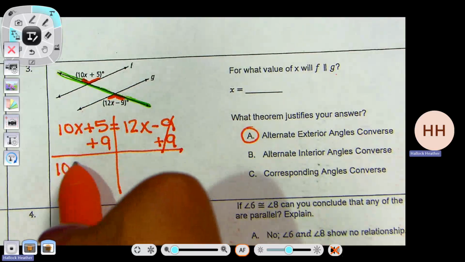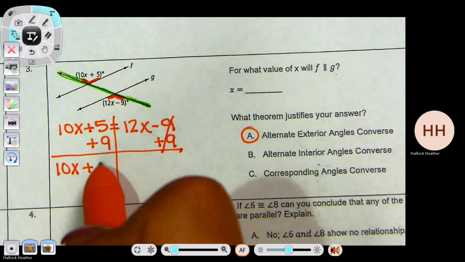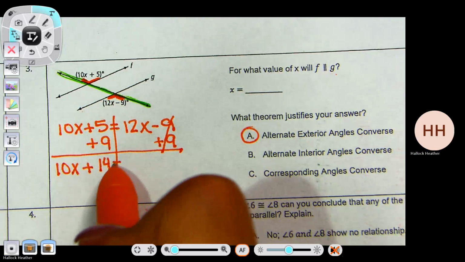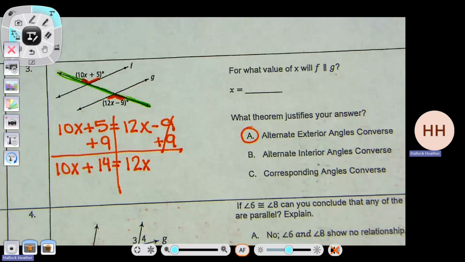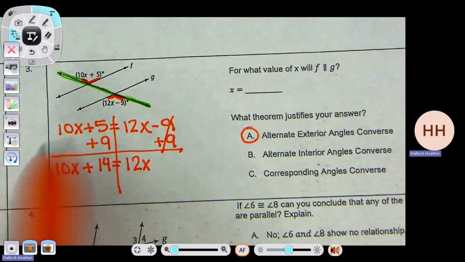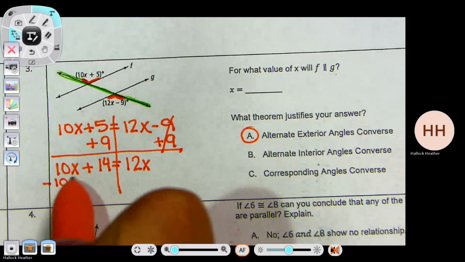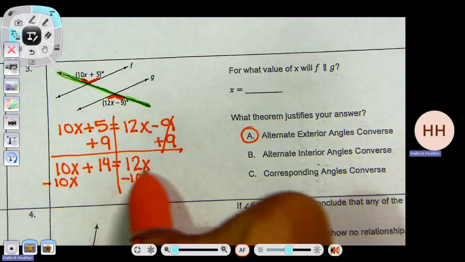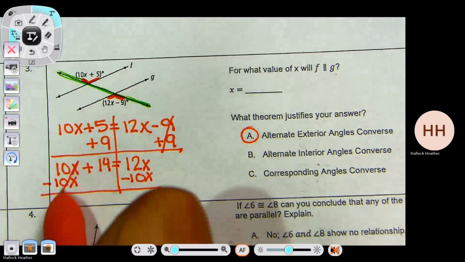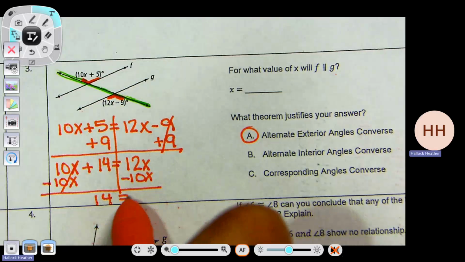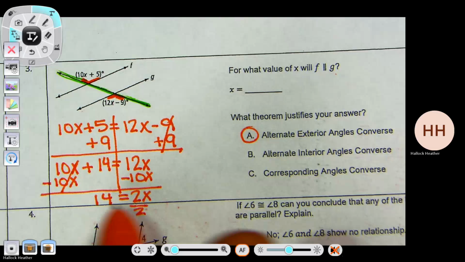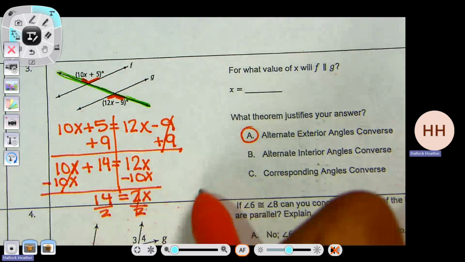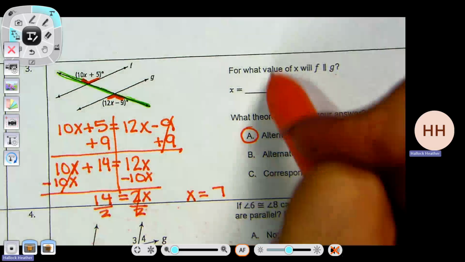So I have 10x plus 14 equals 12x. Now I need to combine my x's. Because 10 is positive, I'm going to subtract it to the other side. 14 equals 2x. Last step is to divide. So x equals 7.